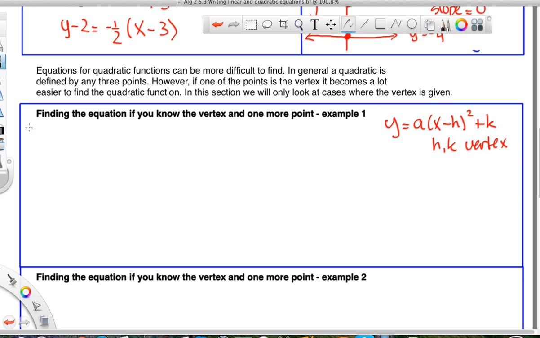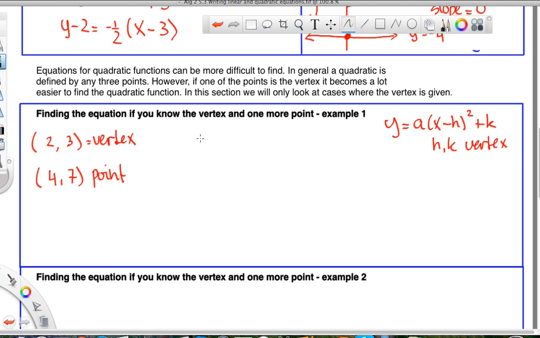So we're going to use just that. Right. So let's say that I know that the vertex is at 2, 3, and that the next point on there is 4, 7. So I have to tell you which one's the vertex and which one's the point. So the 2, 3 is the vertex, and then 4, 7 is another point on the quadratic.